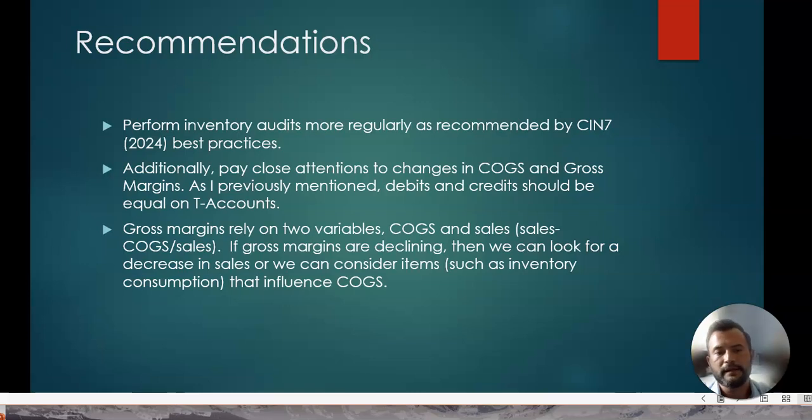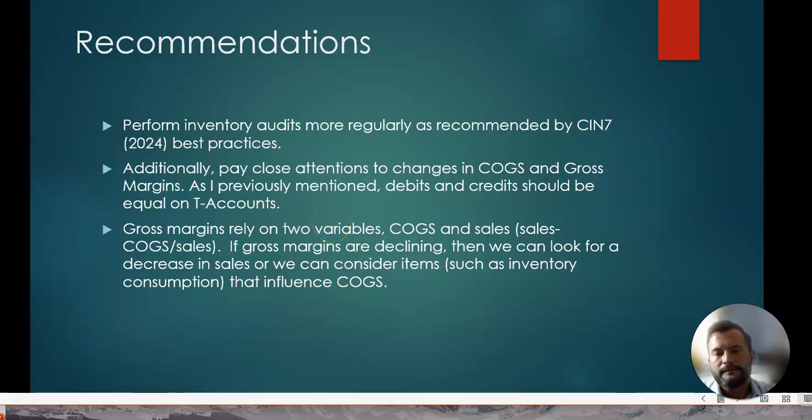So now on to our recommendations. First and foremost, this find presents the issue that maybe our quarterly audits aren't good enough, that we may want to increase the regularity of our audits. I suggest monthly, as recommended by the SIN 7 2024 best practices.